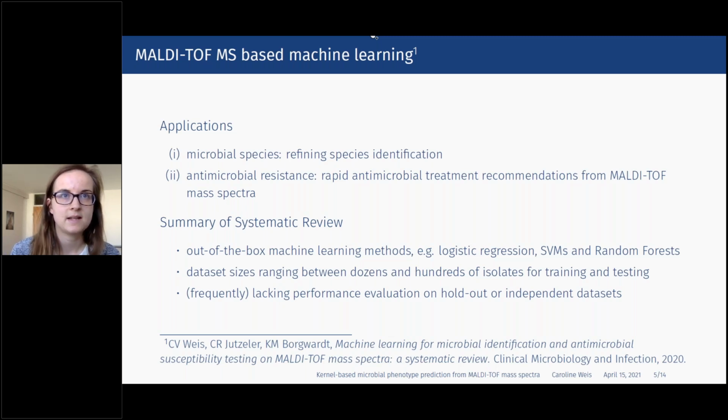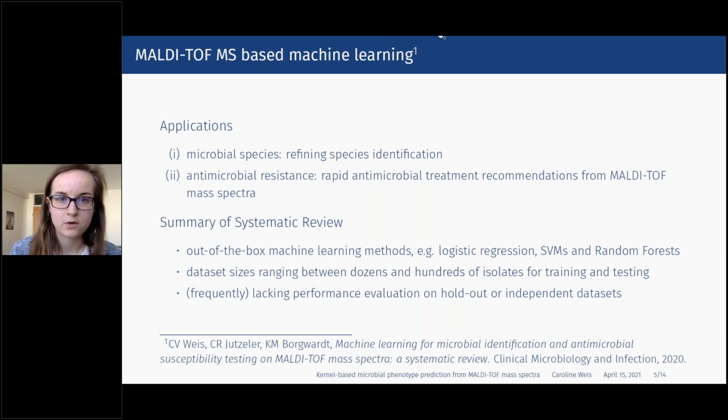To give a very concise summary of our findings, we found that practically all studies used out-of-the-box machine learning methods, so methods that were not specifically designed or adjusted to the data type of MALDI-TOF mass spectra. The data sets used in these studies consisted of a few dozen to a few hundred isolates, and often studies would lack proper validation of the results on holdout test sets or on completely external test sets.